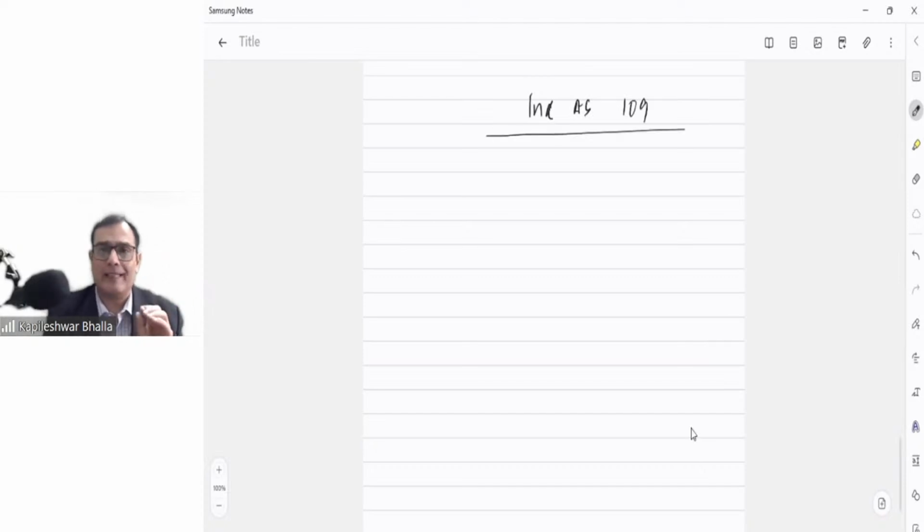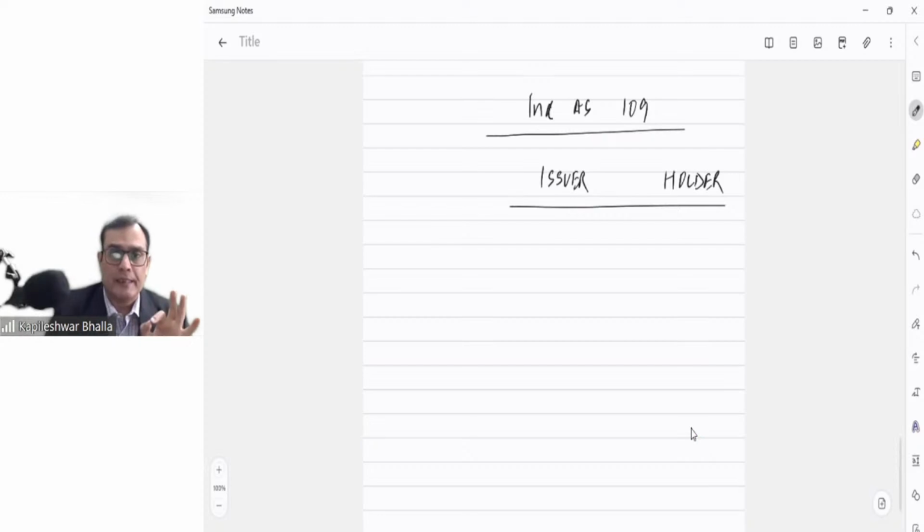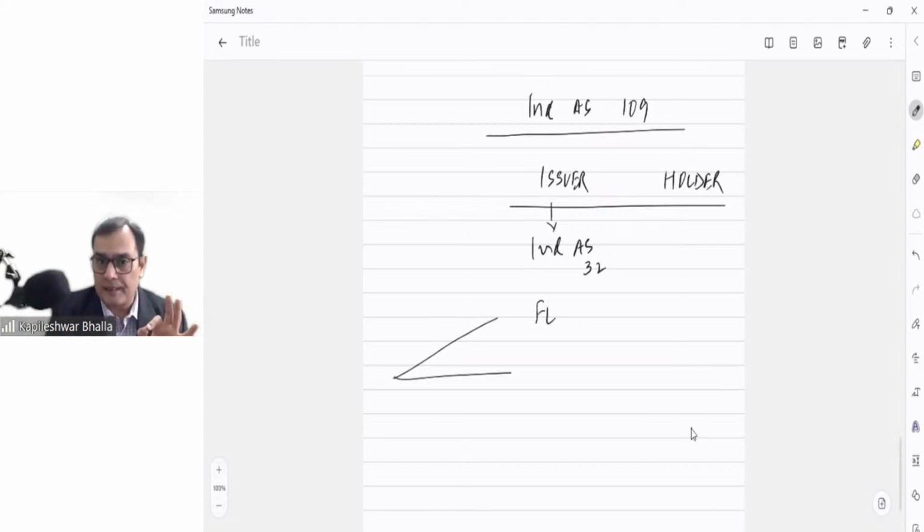If you remember, when I started with financial instruments on day one, we said that there are two parties to a contract. One is called the issuer and one is called the holder. And I made it very clear after the understanding of Ind AS 32 that when the issuer applied Ind AS 32, he decided that a given instrument is either a financial liability, or an equity instrument, or a compound financial instrument.